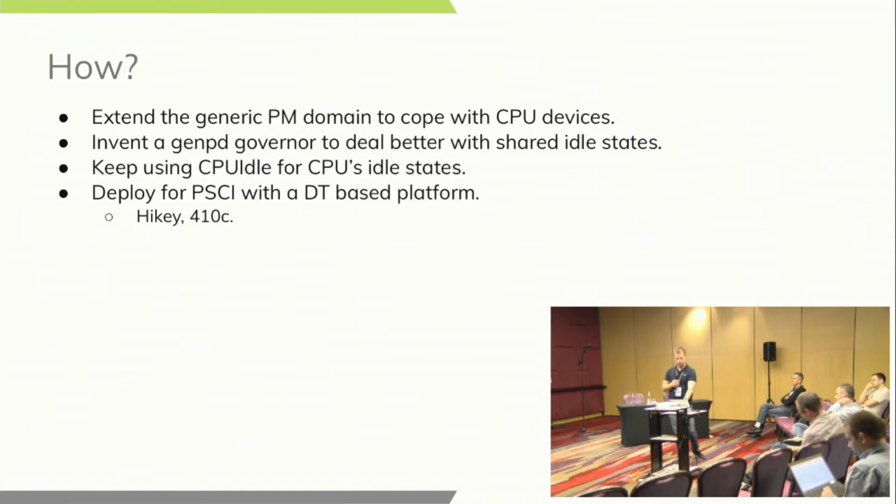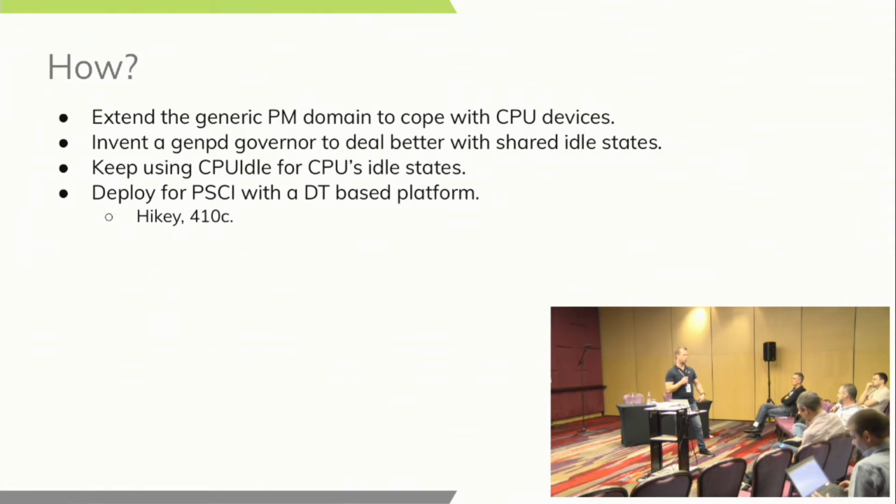So what we did is that we played with the generic PM domain, and a lot of changes have gone into that to cope with CPU devices, because it's designed for generic devices, so to say, but CPUs are a little bit special.